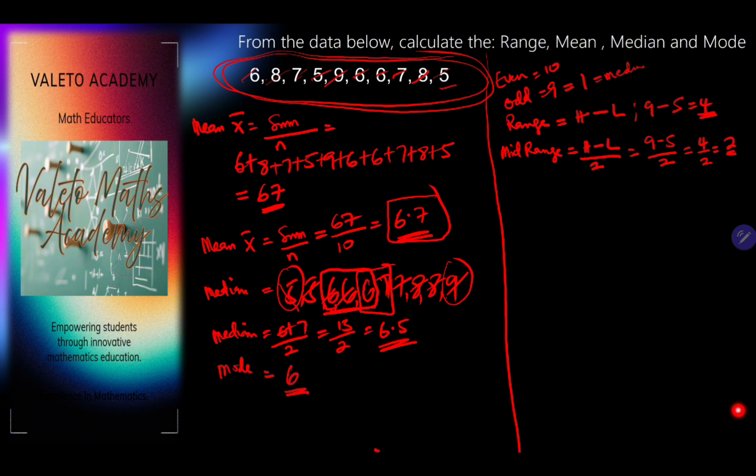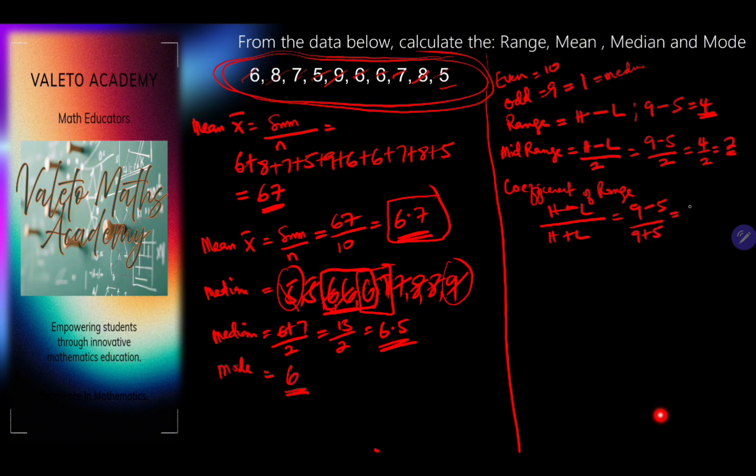Then talking about the range, there's also what we call the coefficient of range. The coefficient of range is given by the highest value minus the lowest value divided by the highest value plus the lowest value. And this is the same thing as 9 minus 5 all over 9 plus 5.